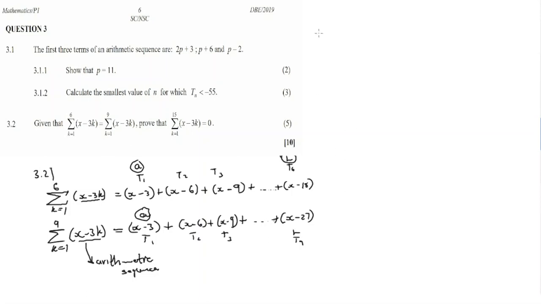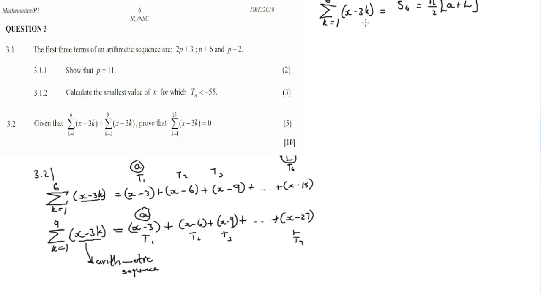So therefore, for the sigma notation up to 6 of x minus 3k, S6 is equal to n over 2 times a plus l, first term plus last term. We will use this formula for a series of an arithmetic sequence.